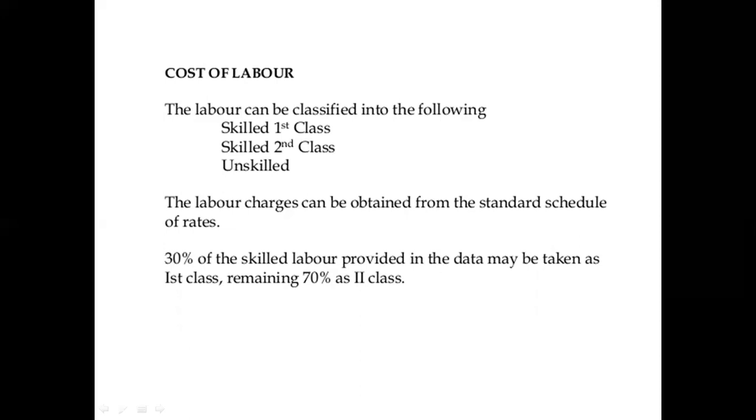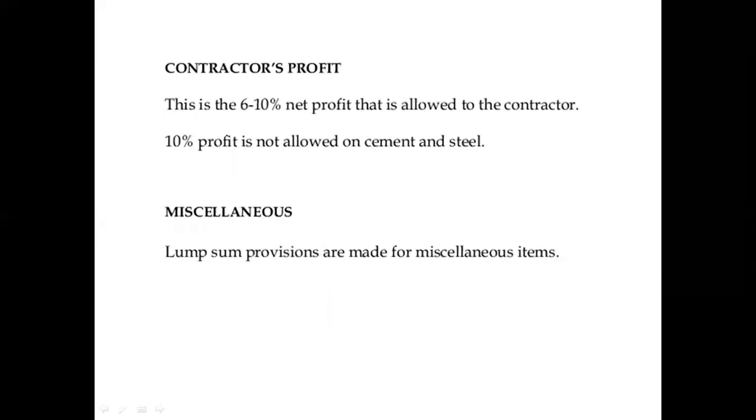The labor charges can be obtained from the standard schedule of rates. 30% of the skilled labor provided in the data may be taken as first class, remaining 70% as second class. Contractor profit. This is the 6 to 10% net profit that is allowed to the contractor. 10% profit is not allowed on cement and steel.